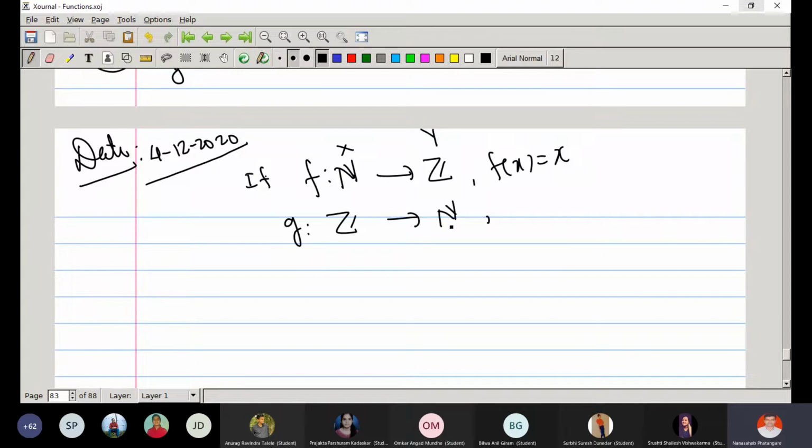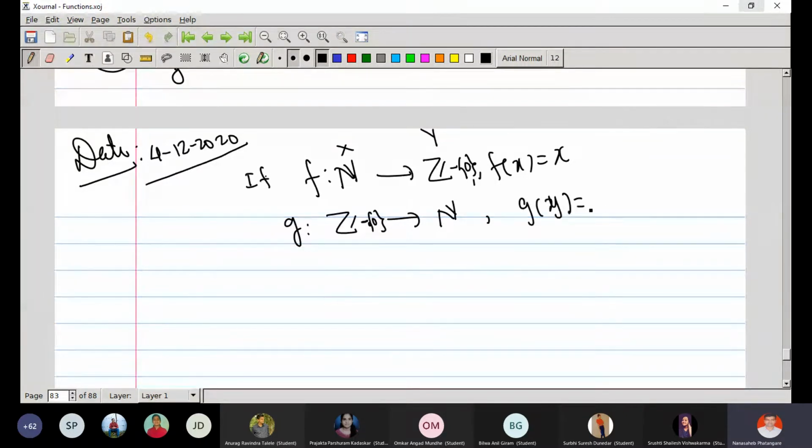Integers minus 0. I am removing 0 from integers, so y is the non-zero integers, to n, g of y is equal to the absolute value of y.